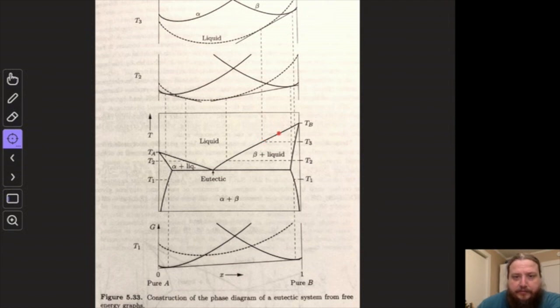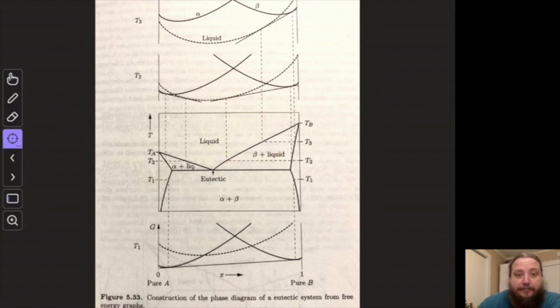And then as we go to lower and lower temperatures, we will get more and more impurity forming in our solid phase, and the purity of the liquid remains would be less and less. And the region of mix ratios that will have this unmixed combination of solid beta plus liquid will get larger.